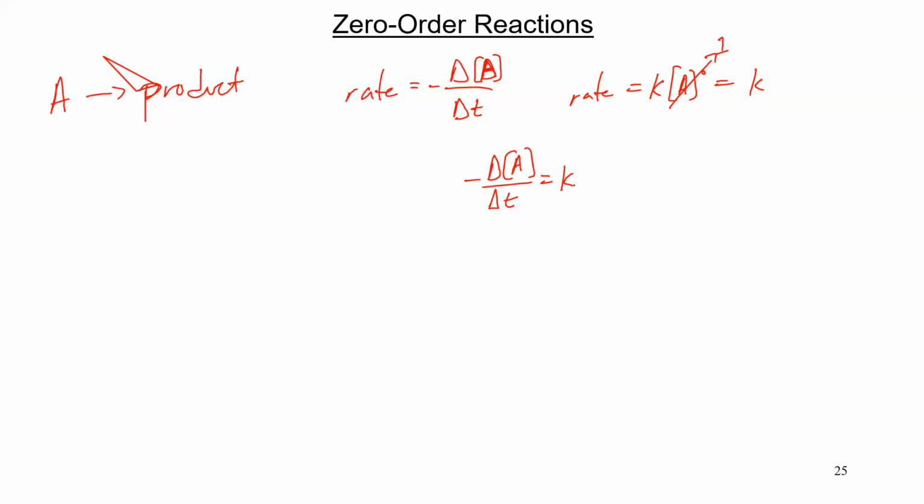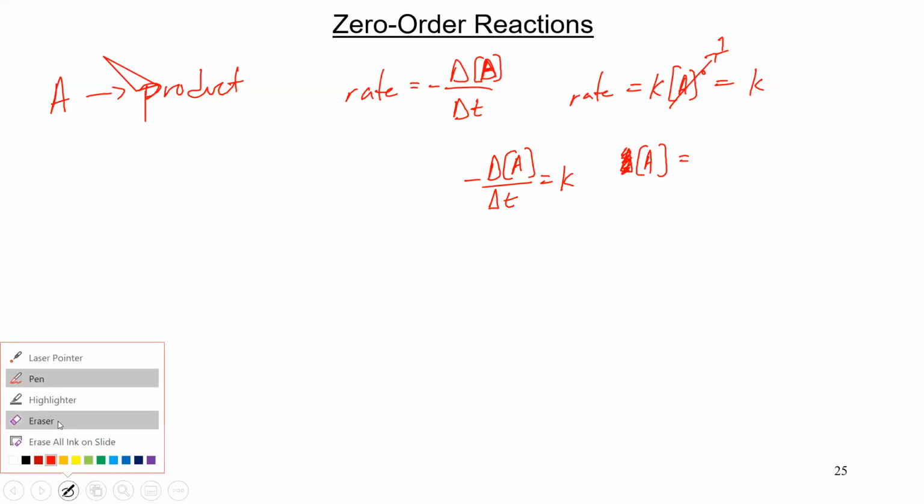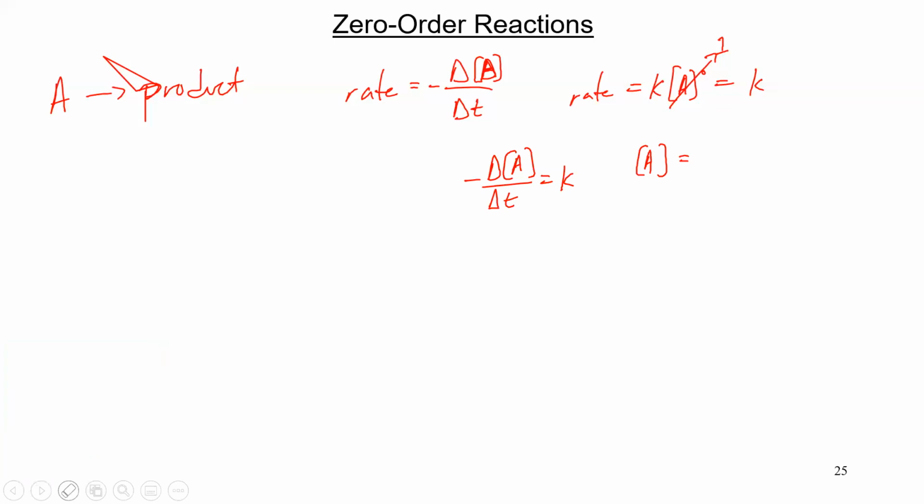Just like in all the other ones, we want the concentration of A to be our y-axis and time to be our x-axis, and so we rearrange, and we get that the concentration of A at any time is equal to that initial concentration, A naught, minus kt.